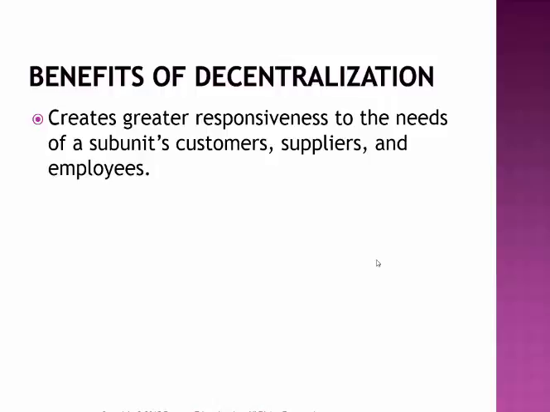There are language barriers, there are time constraints, there are laws and all kinds of other things that come into play, and these subunit people have better information and more knowledge about what's going on in their respective area than some C-suite person who may have never even visited the country of the subunit.